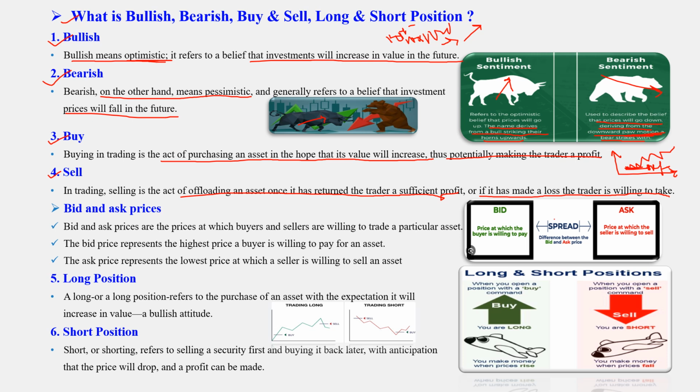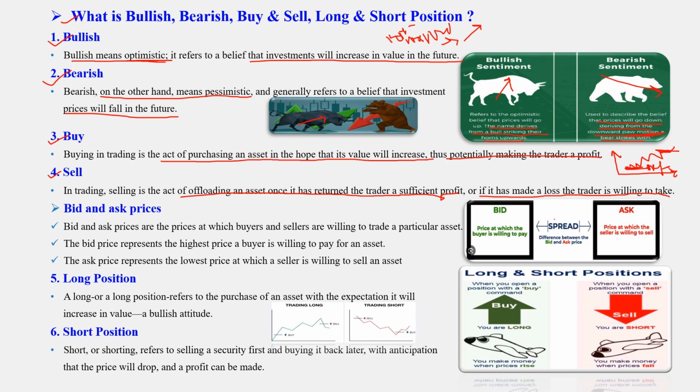We can assume that in our favor the market will be going up, which means offloading an asset. This is the buying position, and then after some days the market goes higher and we are making sufficient profit, so we need to offload the asset once it has returned the trader sufficient profit.